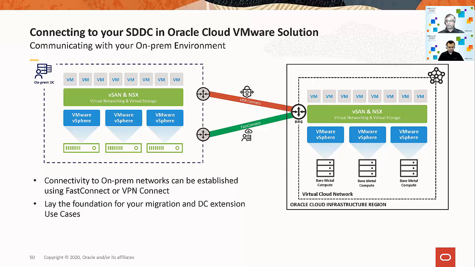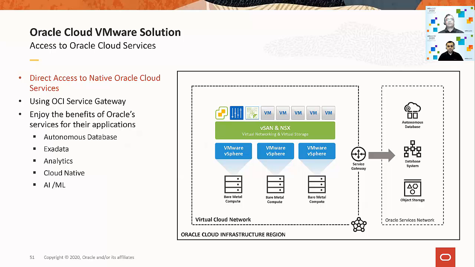Next slide, please. Access to Oracle Cloud Services. You go onto your console, use the quick actions, you provision, you click on the workflow to connect you to the Oracle Services Network. What it will do in the backend, it will provision the service gateway, it will configure the network security groups, it will configure the route table as well.